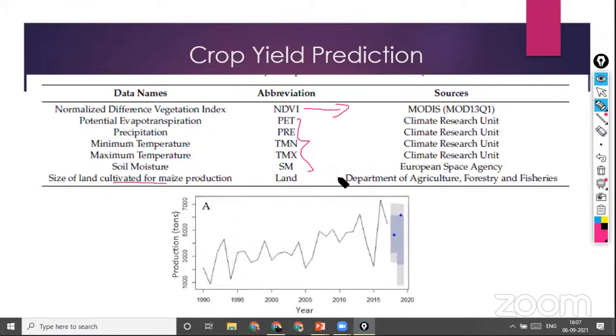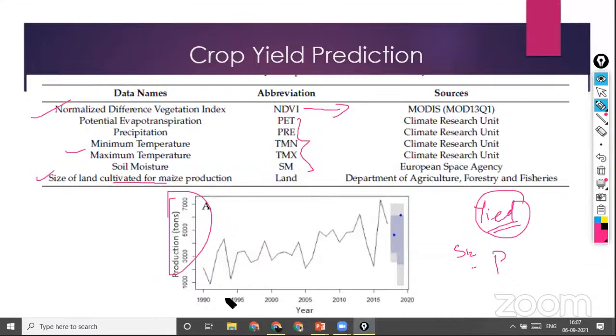In India also you will be able to get all this information, and you have yield data that you can map to. So you are going to use these features to map the yield. Once you have the yield, based upon the size of land cultivated, you can get the production, maybe in tons.